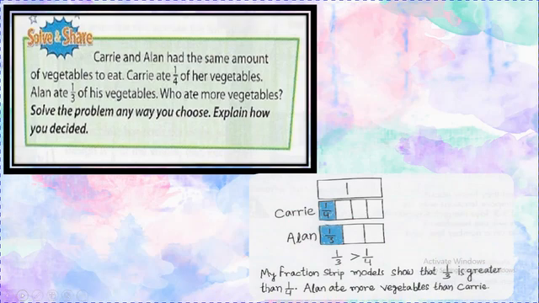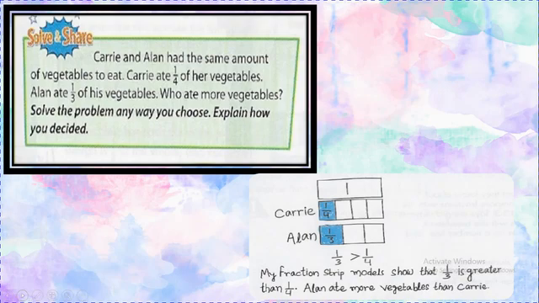For Carrie, it's 1/4. So we are going to divide the whole into fourths and shade 1/4 part of it. And for Alan, we are going to divide the whole into 3 parts and shade 1/3 part of it.